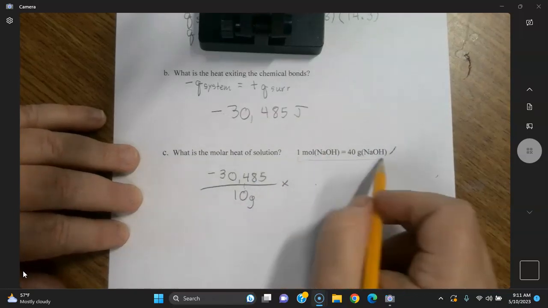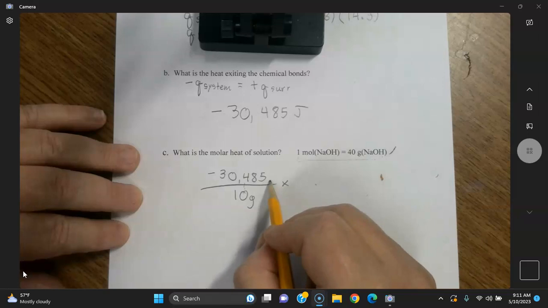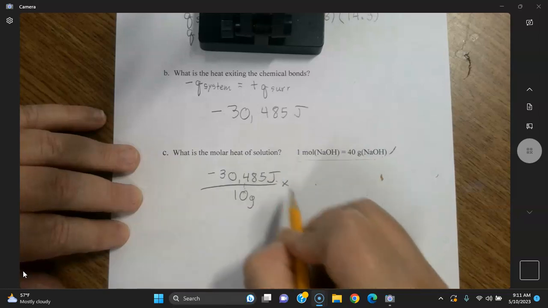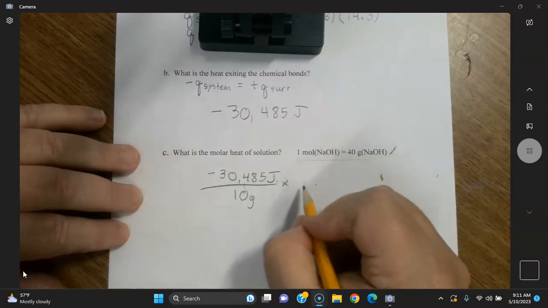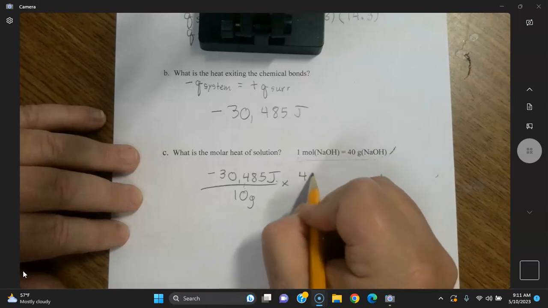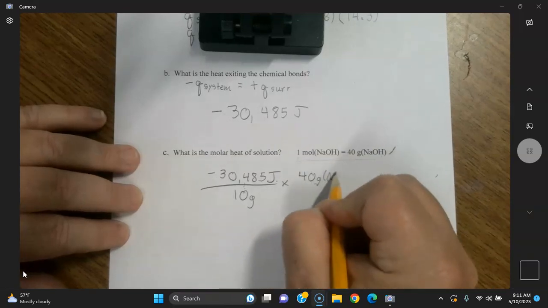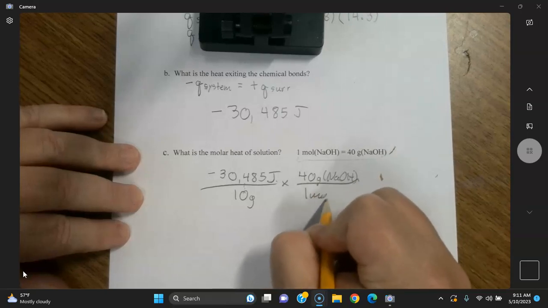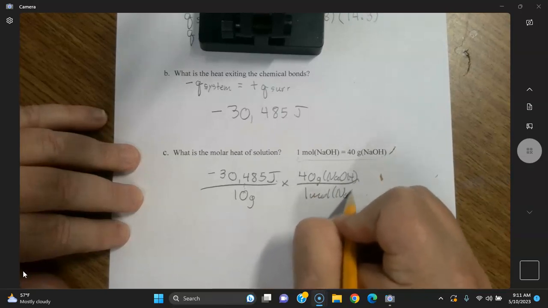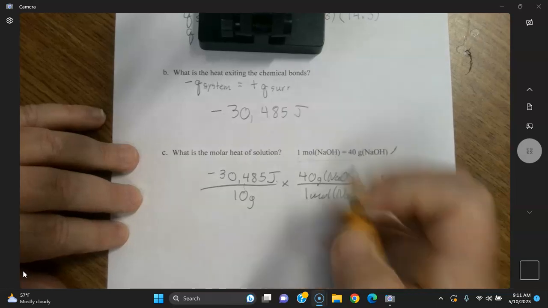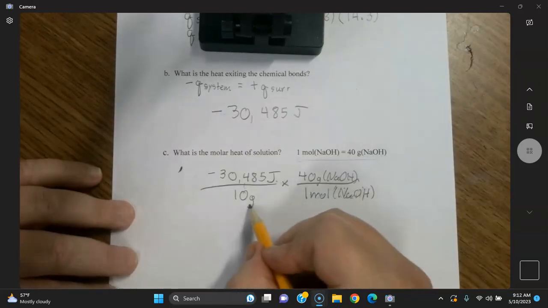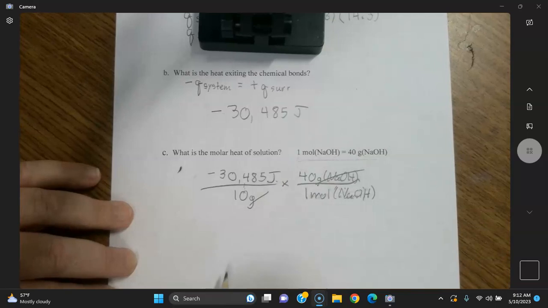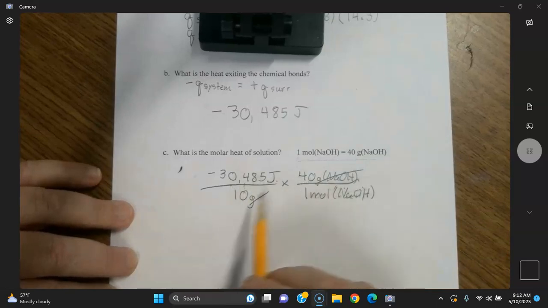You multiply that by molar mass because you want to find out how much heat in joules, I should put, per mole. So therefore we have 40 grams of NaOH over 1 mole of NaOH. Okay, over 1 mole. So grams cancels. So you have 30 times 40 divided by 10. 40 divided by 10 is 4.